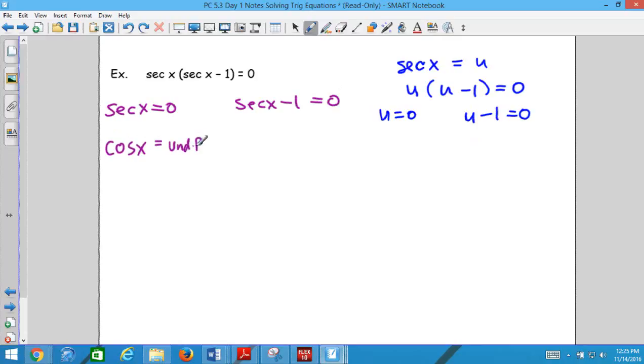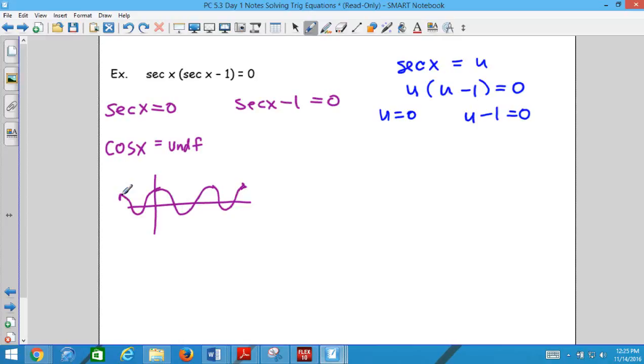So where is cosine undefined? Here's the cosine graph-ish. I can draw it even more, but I don't really need all of it. Remember, undefined are those asymptotes? So where is cosine undefined? Nowhere.